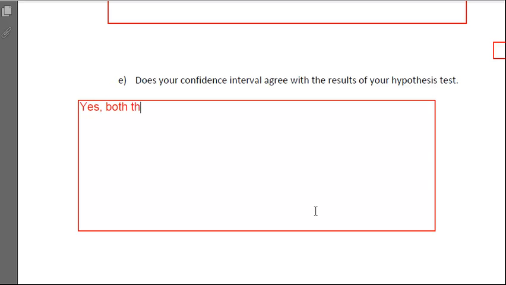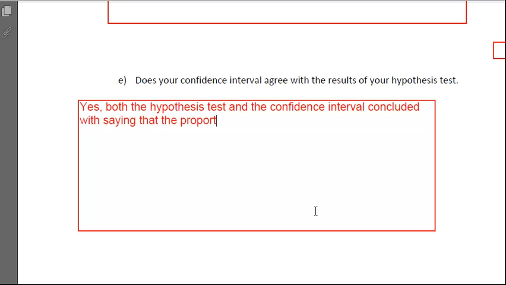So yes, both the hypothesis test and the confidence interval concluded with saying that the proportion has increased from 2002. Okay, see you later.